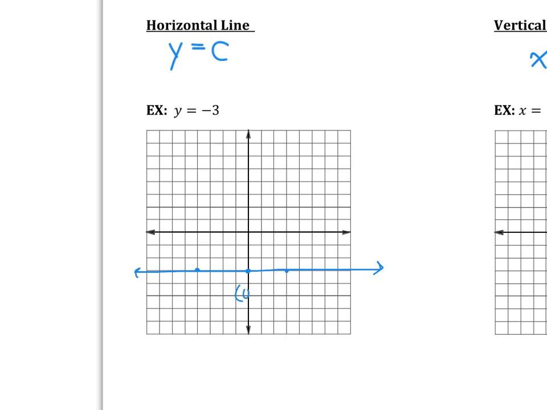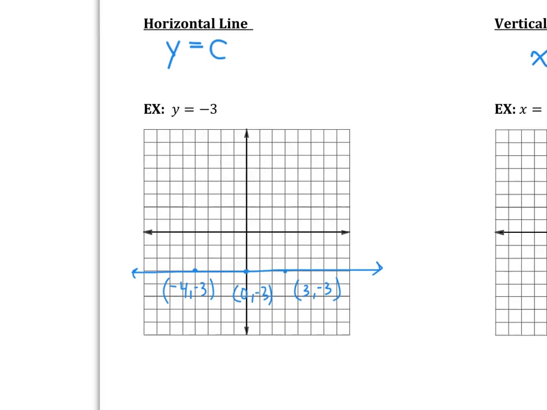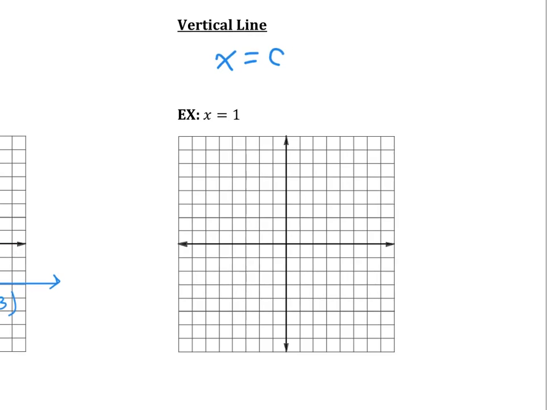Sure, we can go ahead and label some points. So we have (0, negative 3), (3, negative 3), and then (negative 4, negative 3). So our y values stay the same, our x values are changing. Similarly for vertical lines, now x is staying the same and y is changing.